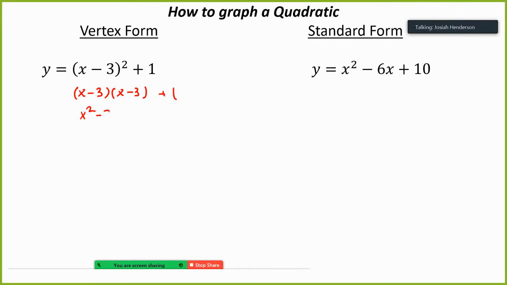So x times x, negative 3 times x, then again negative 3 times x, and then finally negative 3 times negative 3. And there it is. x squared minus 6x plus 10 equals the one on the right.